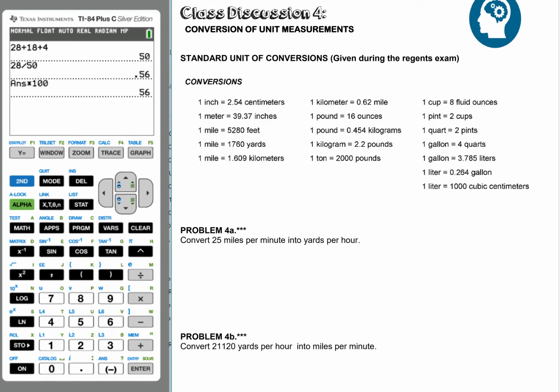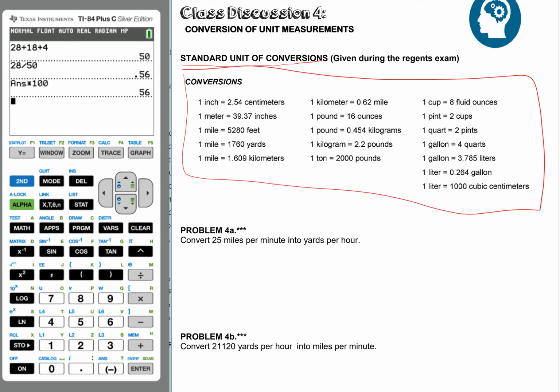So we'll try to rewrite this in terms of fractions. You are asked to convert 25 miles per minute. So this is 25 miles per minute, meaning per 1 minute.